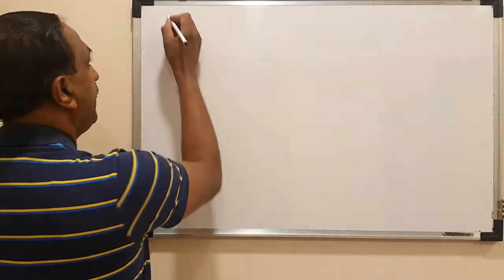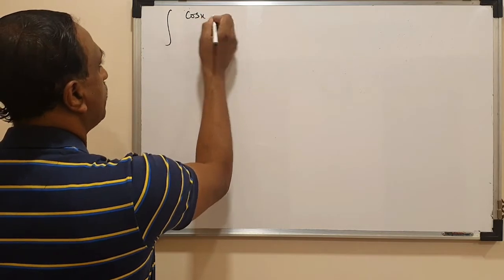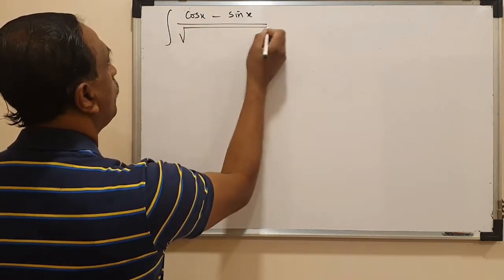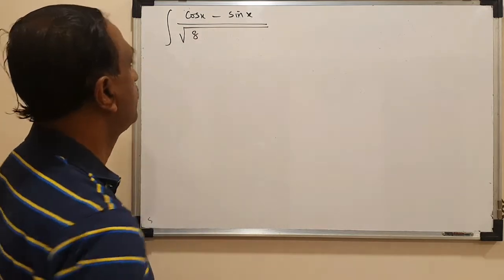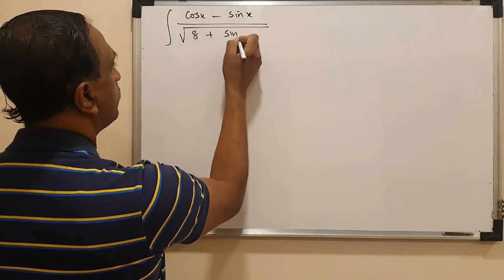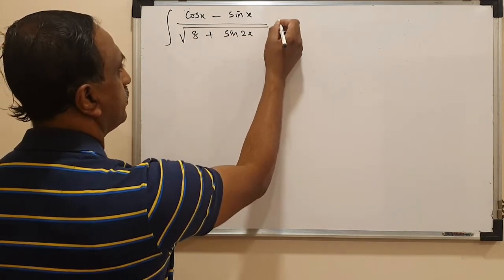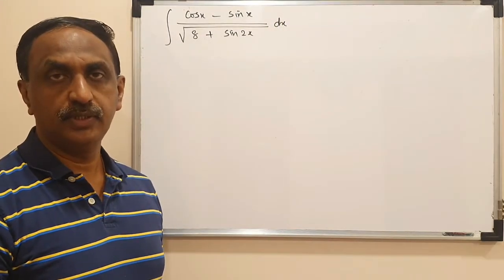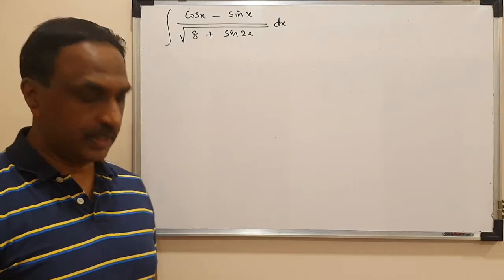Next one is integral of cos x minus sin x divided by root of 8 plus sin 2x. This is a special method, different from whatever we have done till now.